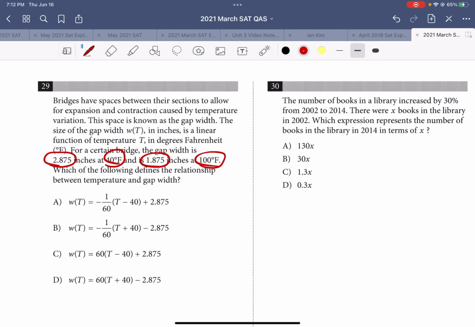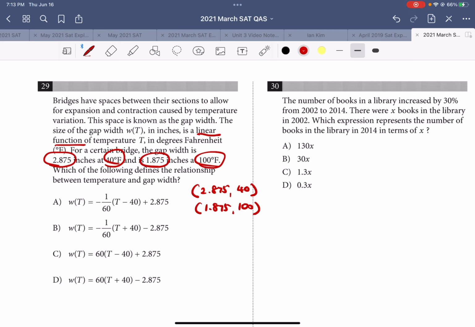So basically you can find 2 points, 2.875 comma 40, and the other one 1.875 comma 100, right? And it said linear. It said that here. It said here linear function, right?